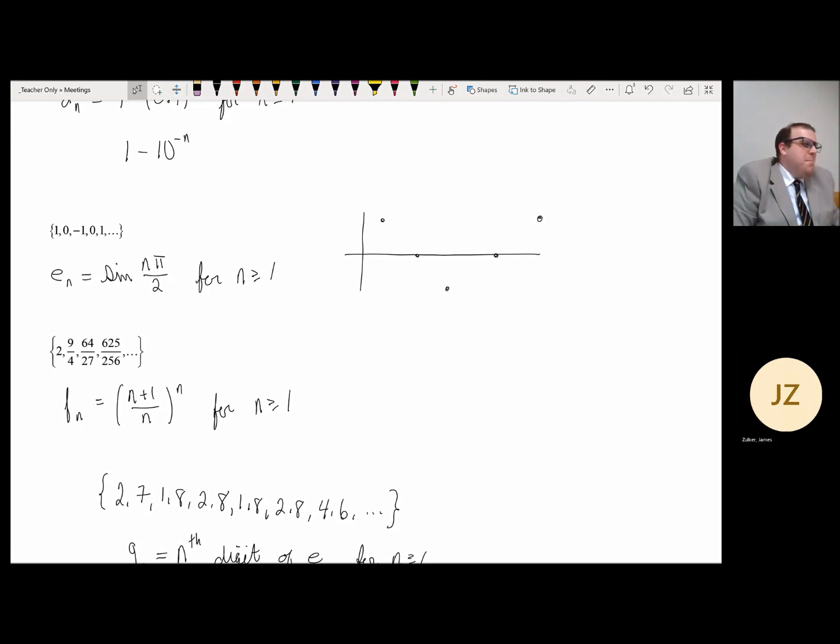This one is actually a beast to do by hand. I've tried. This actually converges to e.